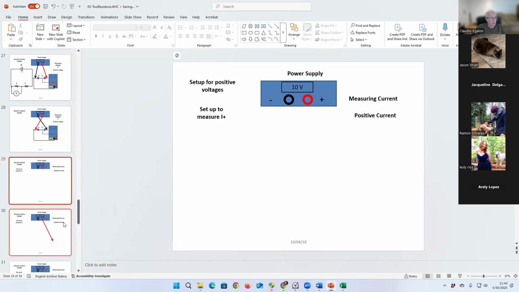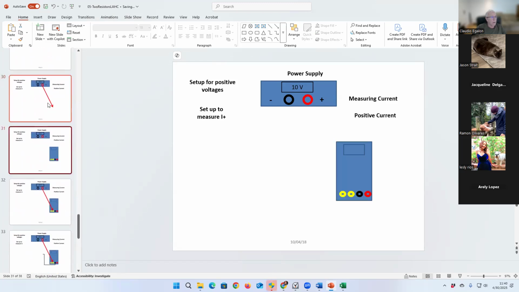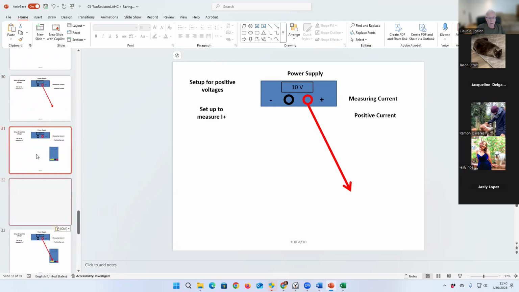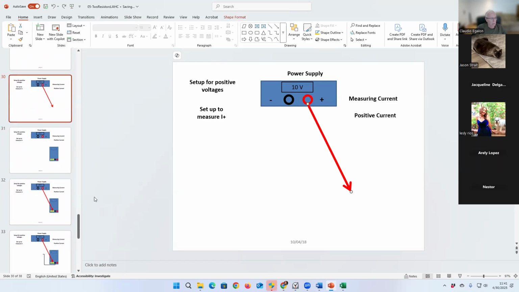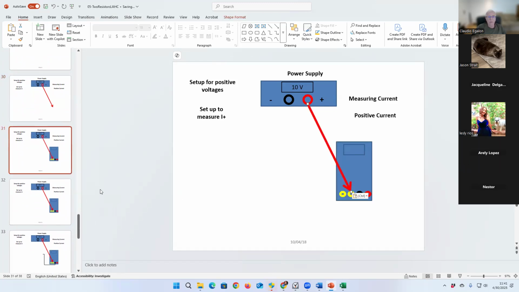Red cable on positive terminal of power supply.